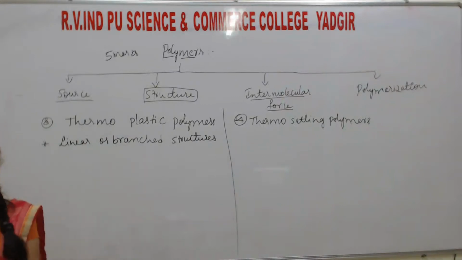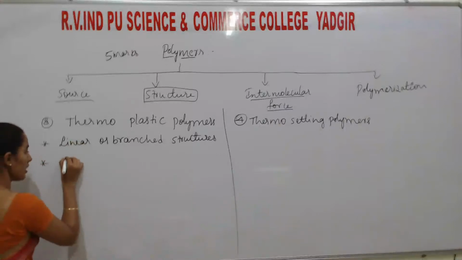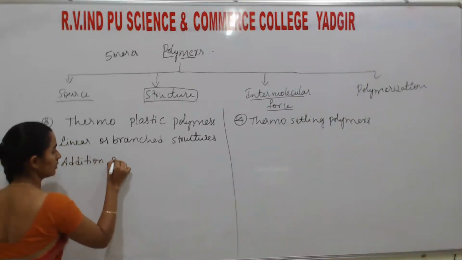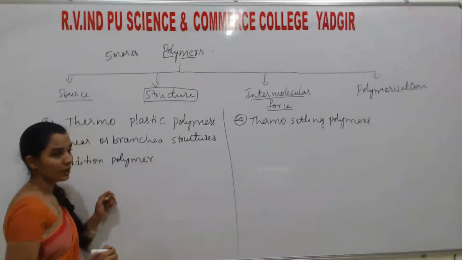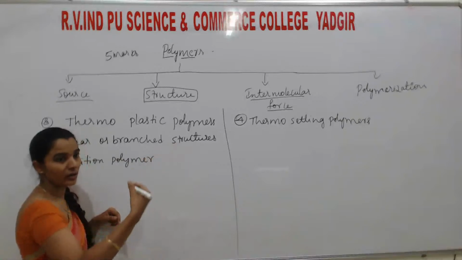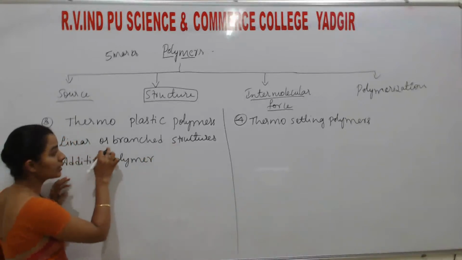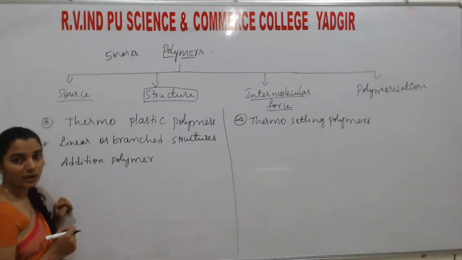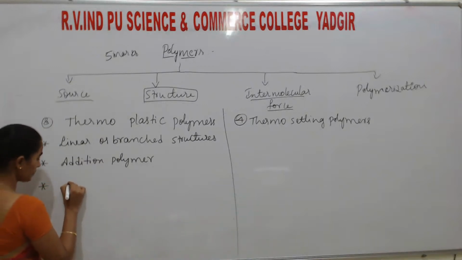Understand? So I'll say first only this one. So these are addition polymers. These are addition polymers. I'll explain what is addition and what is condensation later. Okay. So first one, they have linear or branched structure. Second one, they are addition polymers.